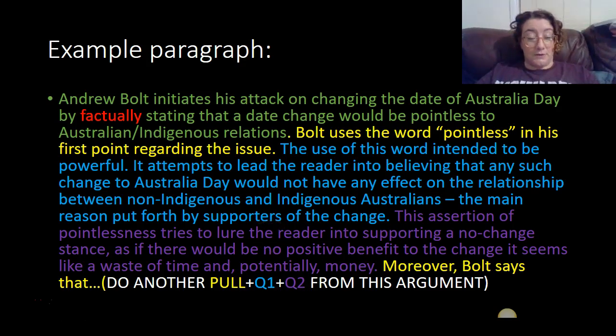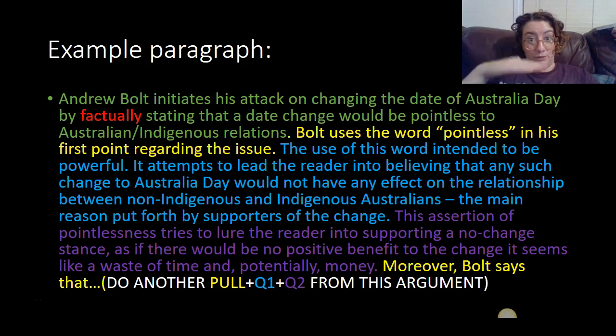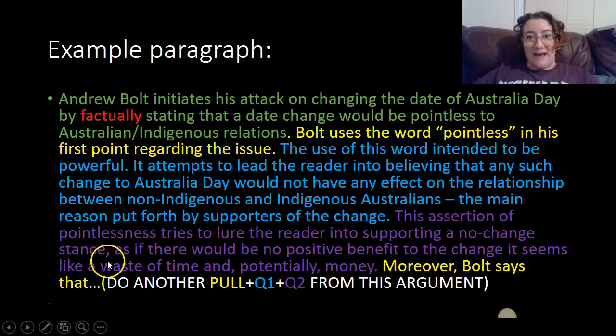Okay? So it's quite an easy step. So you go topic sentence, persuasive pull 1, question 1, question 2, persuasive pull 2, question 1, question 2. And then new paragraph. Pretty easy. Okay. I'll see you in a second to talk about conclusions.